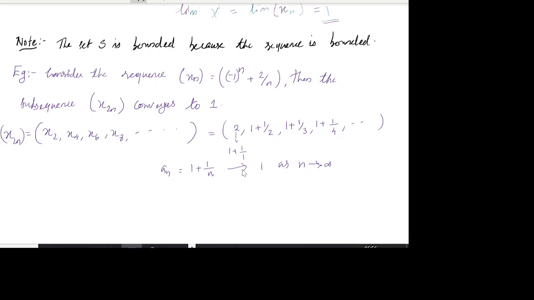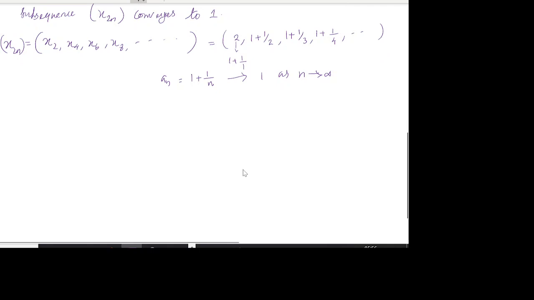So you can go for another subsequence also. The subsequence x2n minus 1 converges to -1.